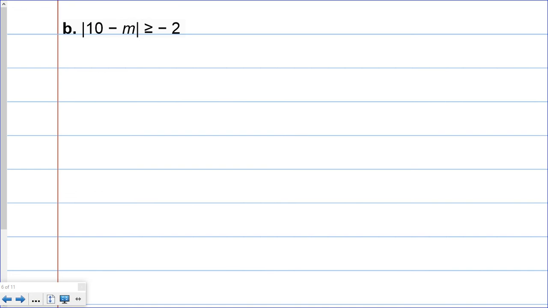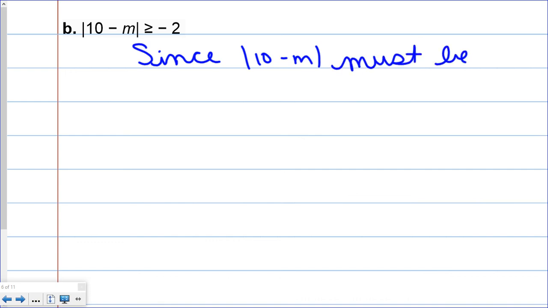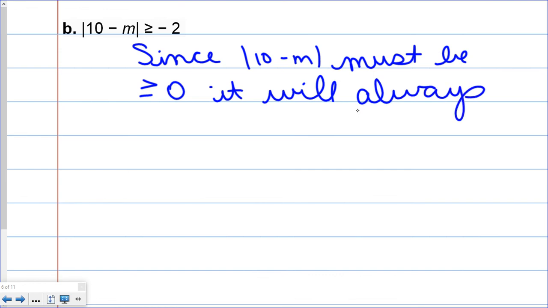So we're going to make a note here. Since the absolute value of 10 minus m must be greater than or equal to 0, it will always be greater than or equal to negative 2.